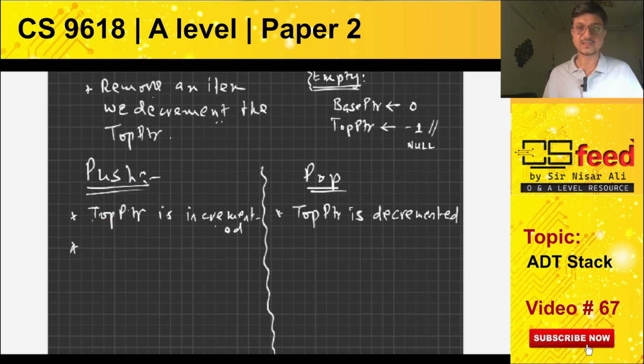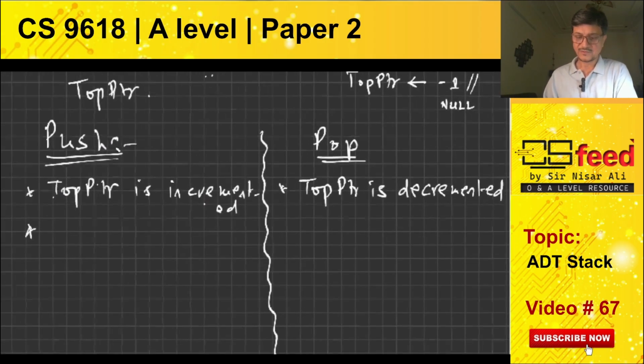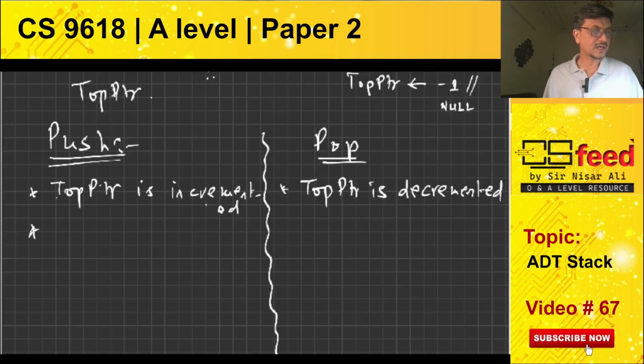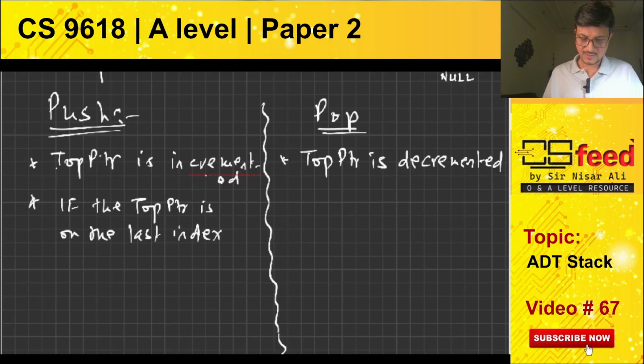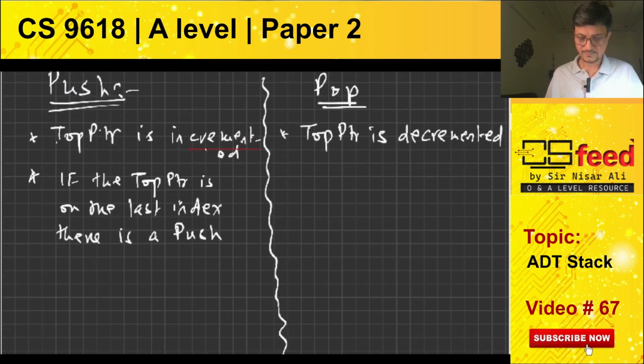the second thing is, whenever the item is pushed, it is important if the top pointer is on the last index, all right, and there is a push, what will happen?